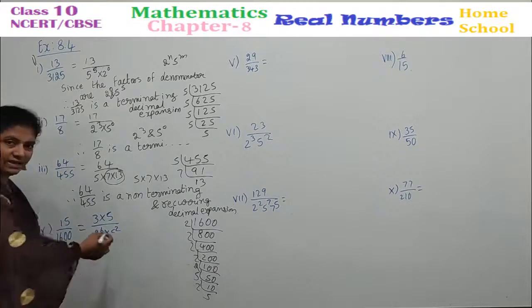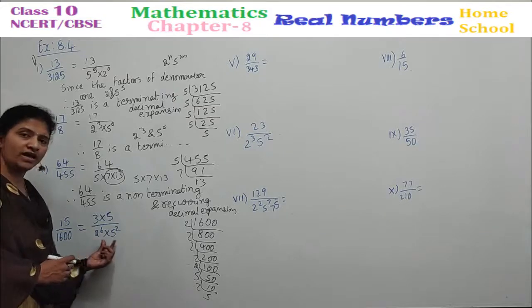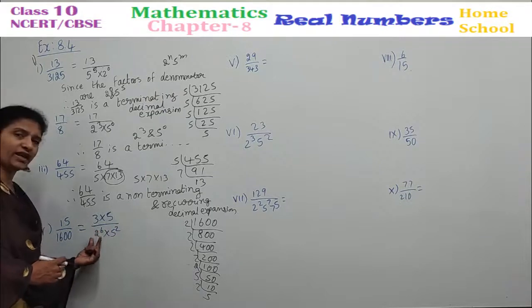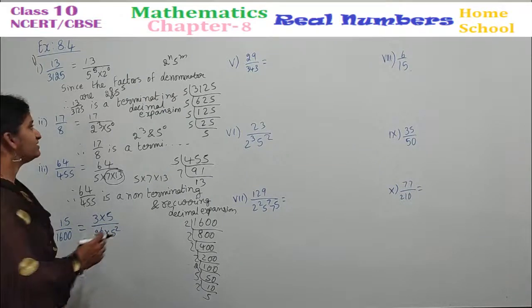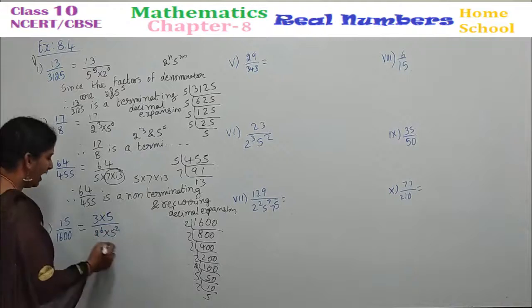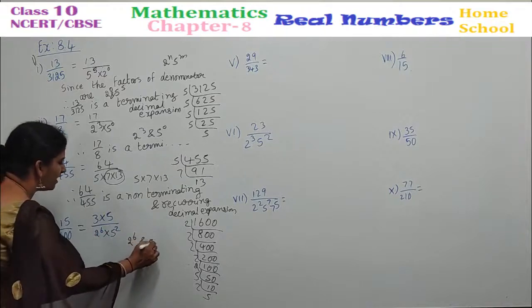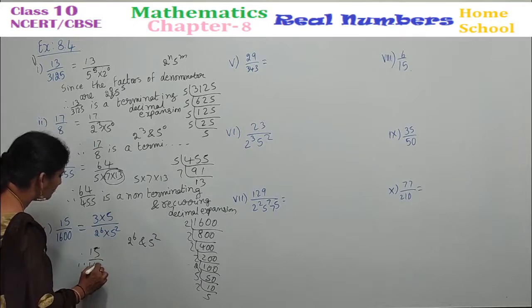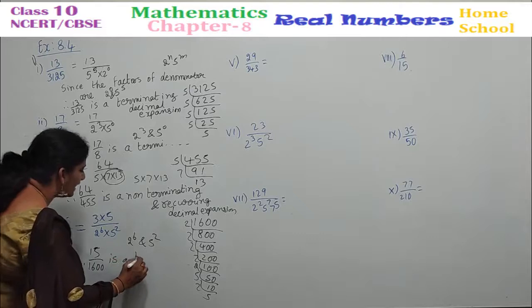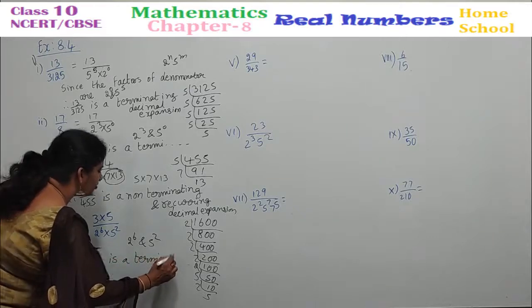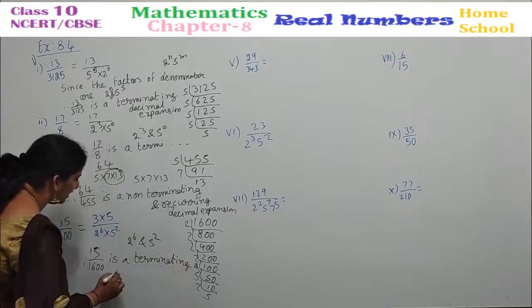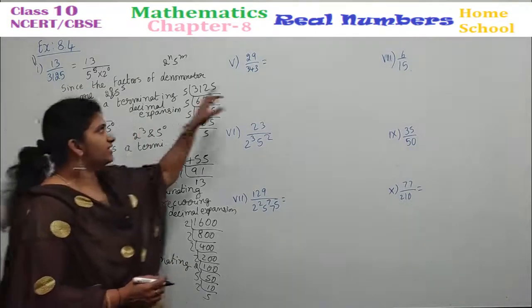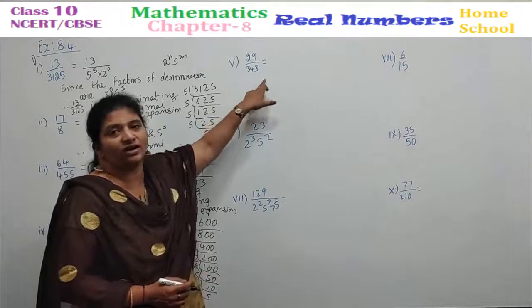Okay, you can see that it is in the form of 2 power n and 5 power m. Yeah, denominator q value is in the form of 2 power n and 5 power m. Therefore, what I can say, the factors of the denominator are 2 power 6 and 5 power 2. Therefore, 15 by 1600 is a terminating decimal expansion. Okay. See the next fifth one, 29 by 343.